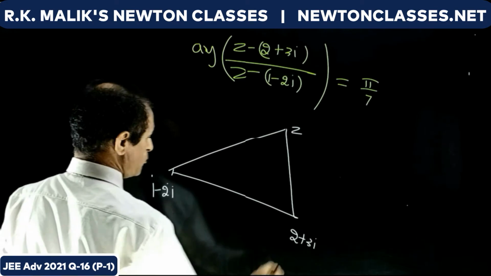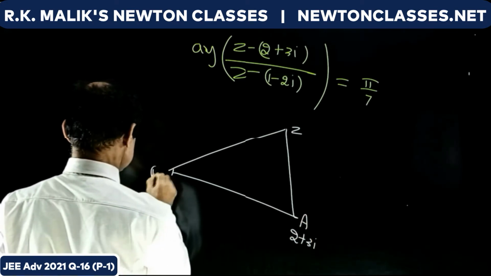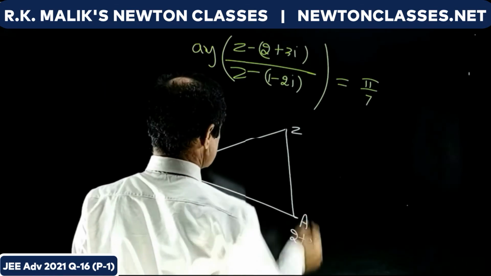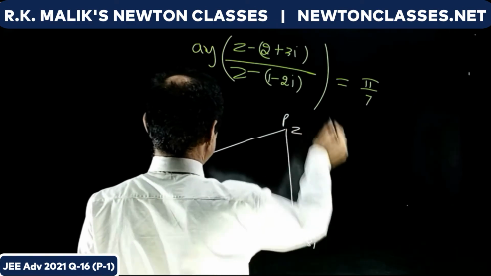Suppose this point is A and this point is B, and this is a point P.